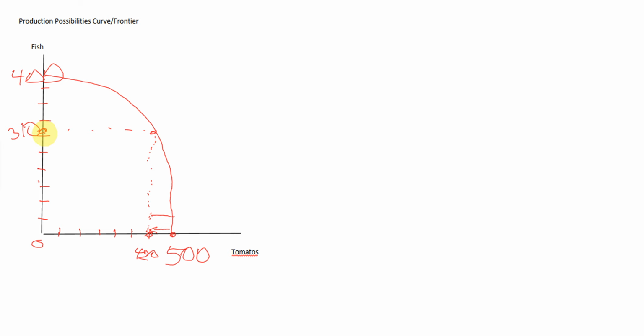So basically the opportunity cost of how much did we lose here? 80 tons, yeah. 500 minus 420, 500 initially, then we are now producing 420.